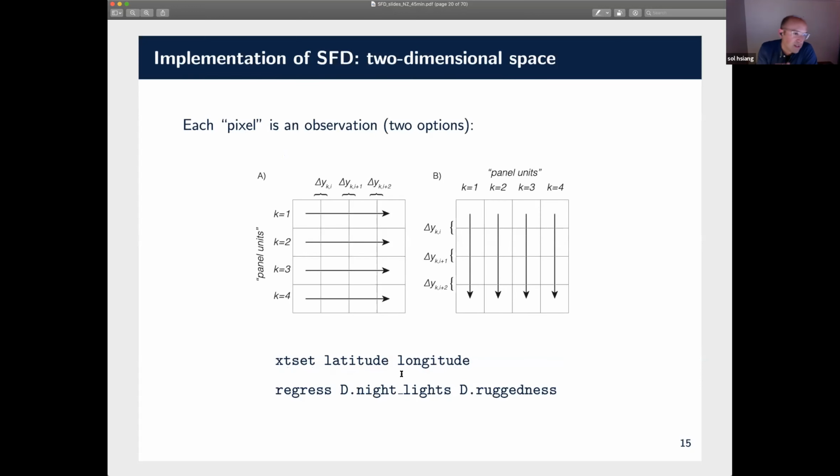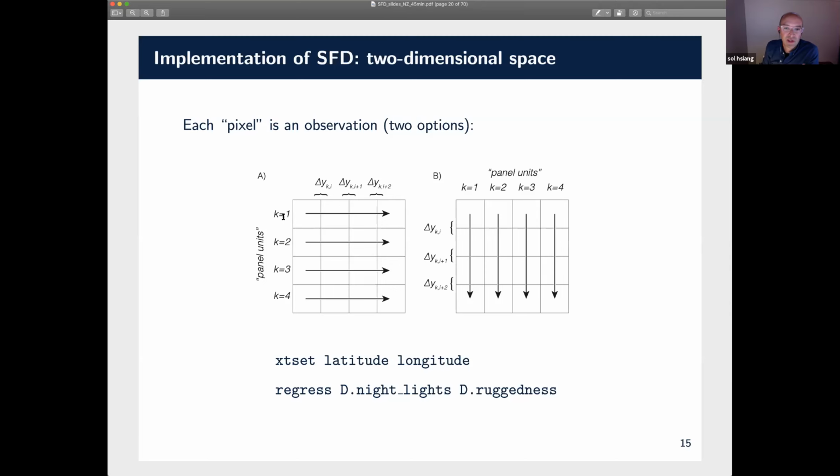So here's the question that Stephen had before. Suppose we have two dimensions. Now there's actually more degrees of freedom in terms of how we implement this. Here you can imagine each one of these squares is a pixel. What you could do is take your data and set it up as if it were a panel instead of a time series.